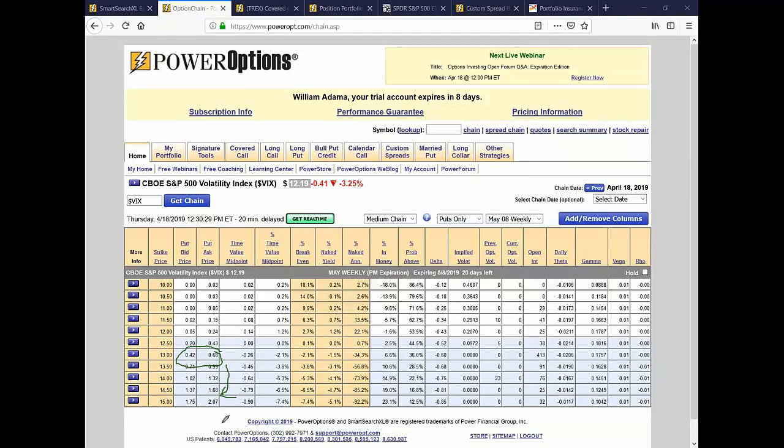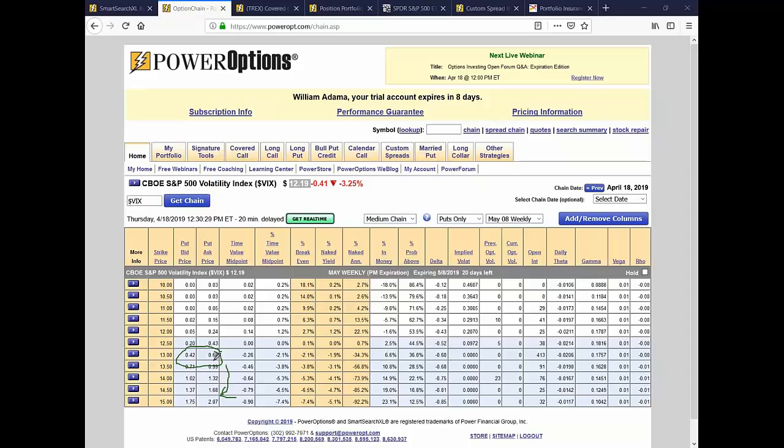How can these options, all of these puts, essentially be below intrinsic value? Because again, it's not based on an underlying asset, and it's not based on a conglomerate of assets like SPX and NDX. It is based on futures projections for the volatility, the futures on the volatility. So where this gets complicated is that you can find options, puts sometimes, calls when the VIX spikes, that aren't at intrinsic value.